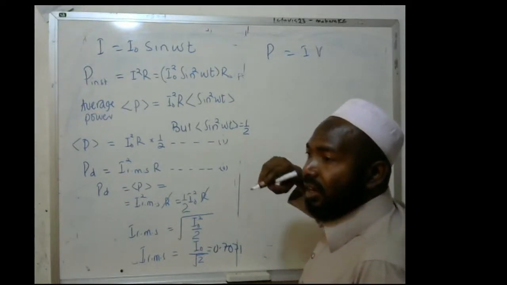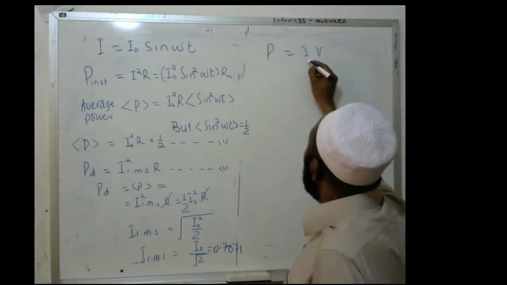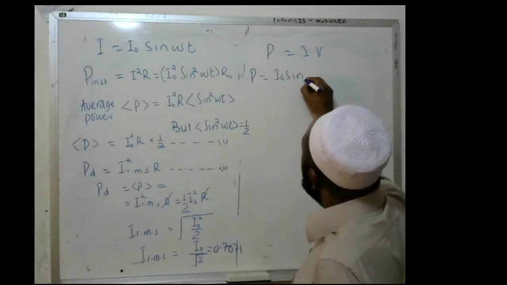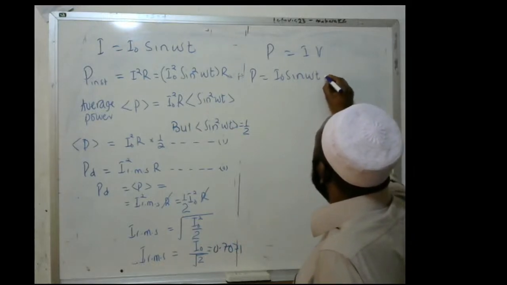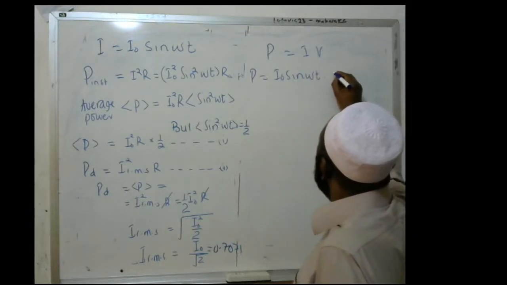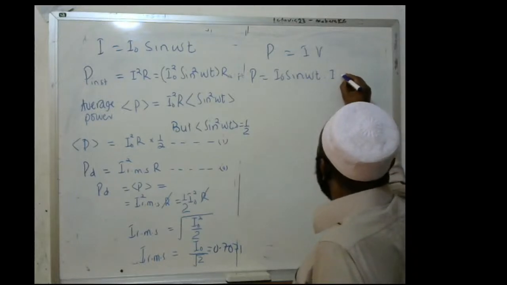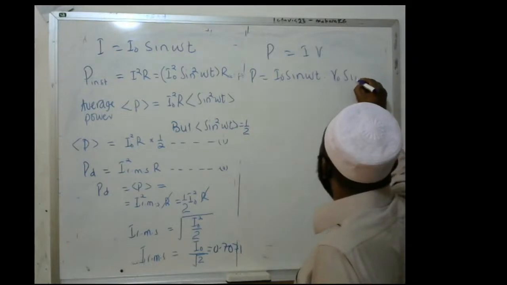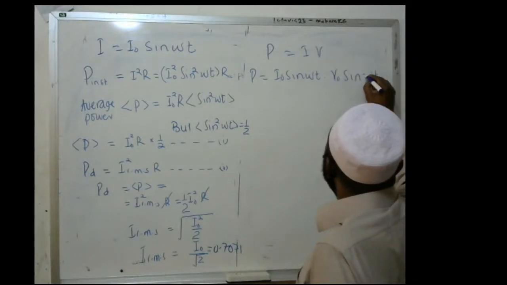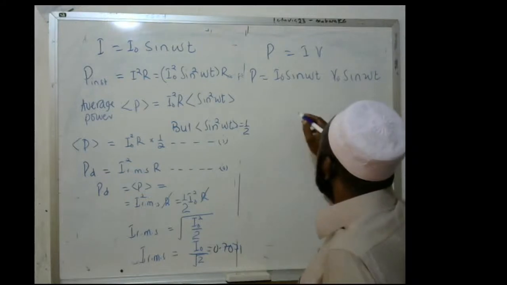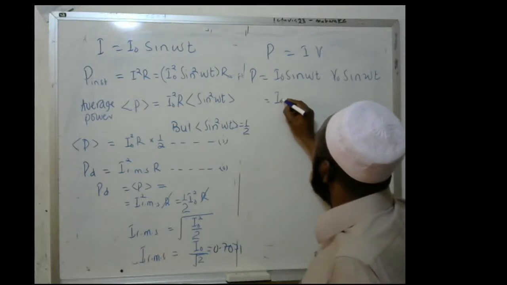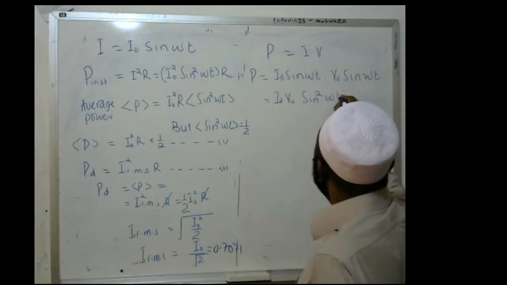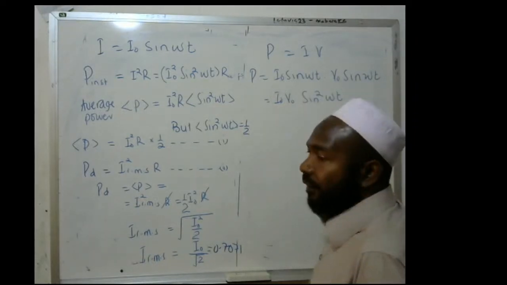For alternating current and voltage, I is equal to I naught sine omega t, and alternating voltage is V equals V naught sine omega t. So it is IV, which is the same as I naught V naught sine squared omega t, because it is common.